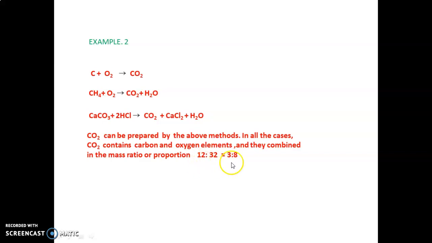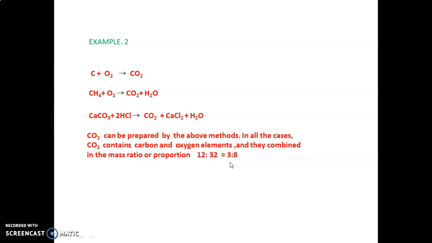We can simplify this into 3 is to 8, that is divided by 4. 12 divided by 4, we get 3, and 32 divided by 4, we get 8. That is the simple ratio we will get. This also proves the law of definite proportion.